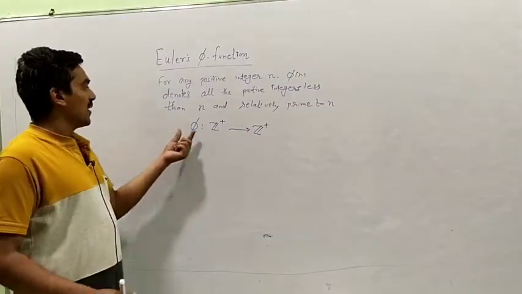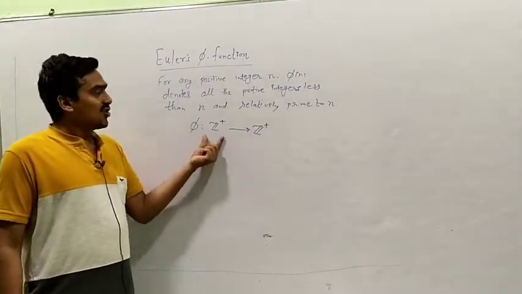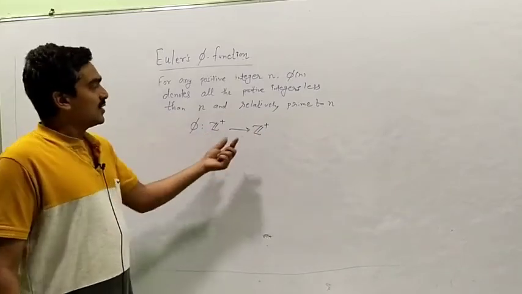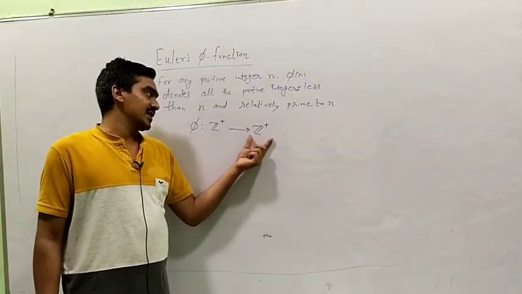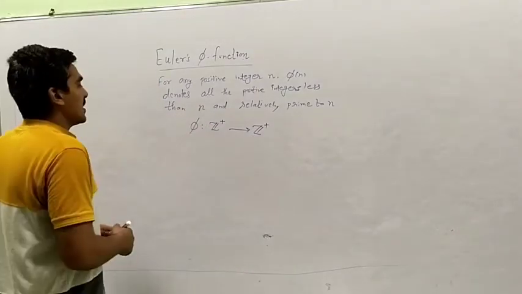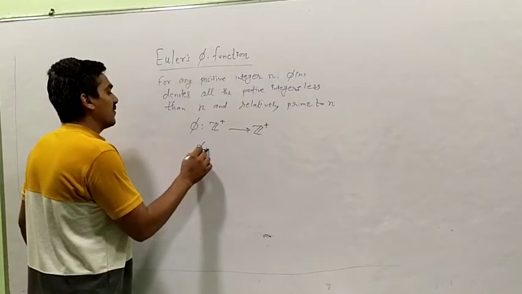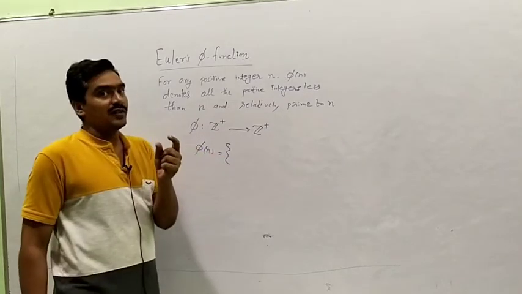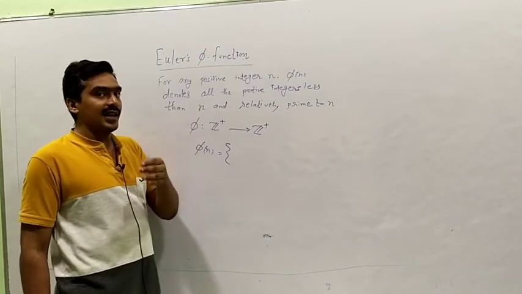Okay, so the phi function is defined from Z plus to Z plus, that is, from the set of positive integers to the set of positive integers. So how can we define this function? We write here phi n is equal to the number of positive integers which are less than n.